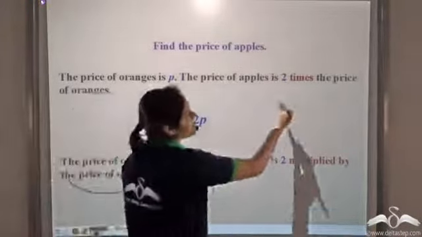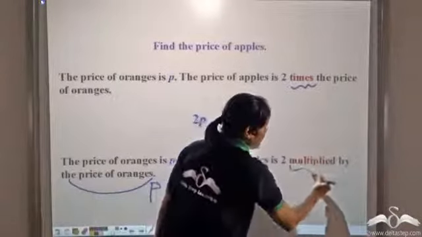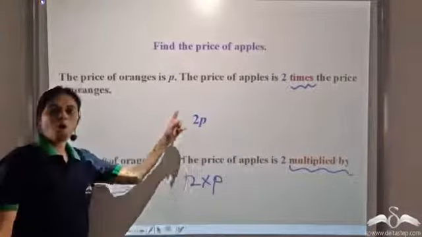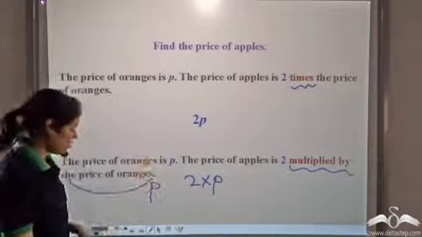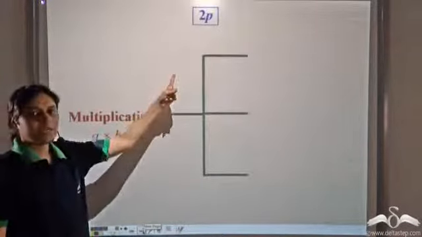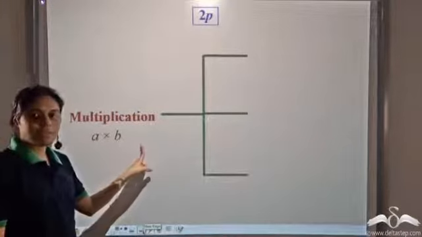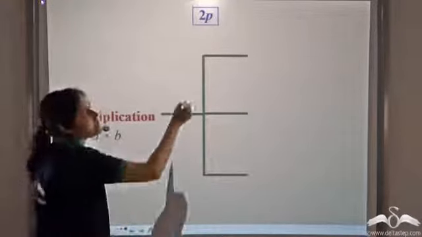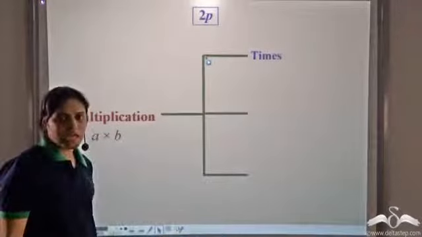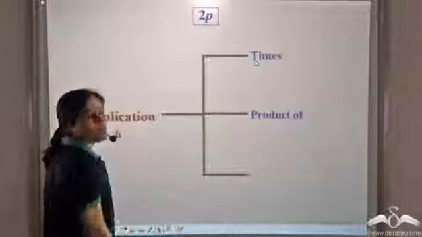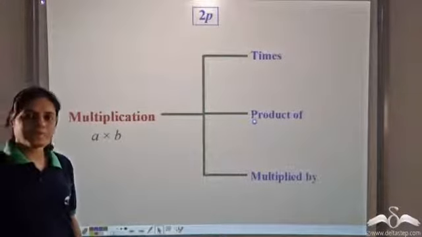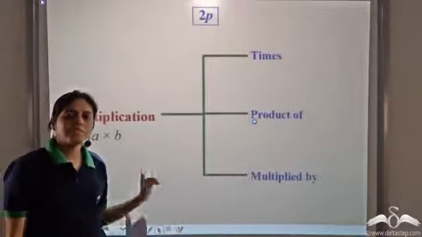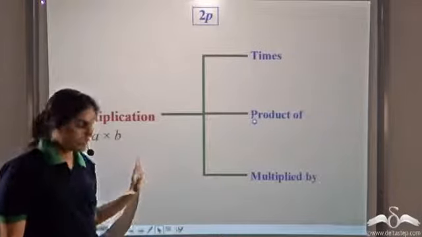So we see that times, multiplied by, all these words represent the multiplication operation. So 2P represents the multiplication operation. It can be stated as 2 times P, product of 2 and P, 2 multiplied by P.